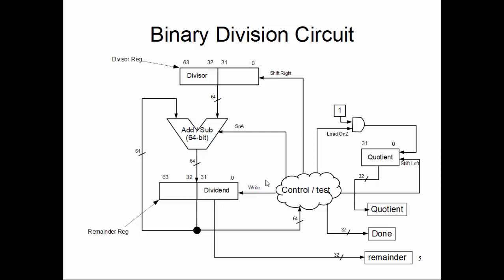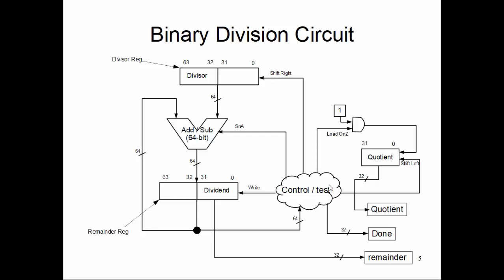And how about the quotient? The quotient is a 32-bit register with left shift capability and selective insertion of 0 and 1 at the LSB side. So that's what is being shown here. The controller issues the shift left control signal, and it also issues a control to determine if a 0 or 1 will be sent into the LSB of the quotient.